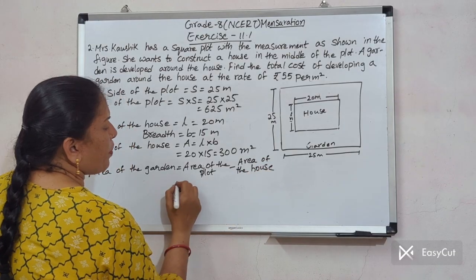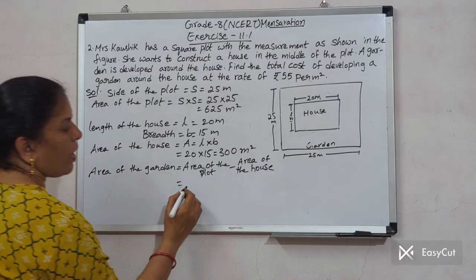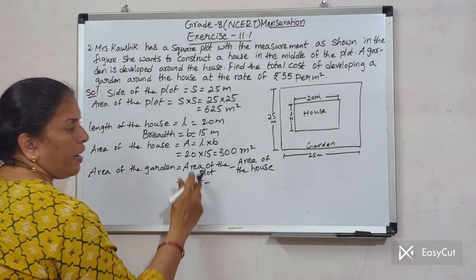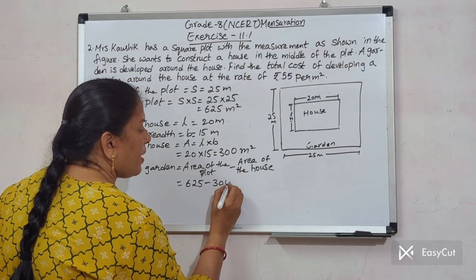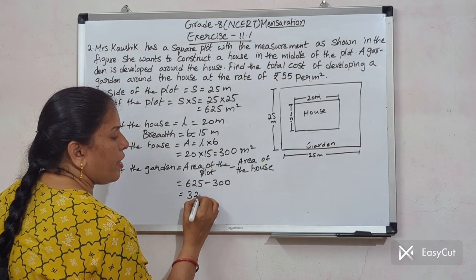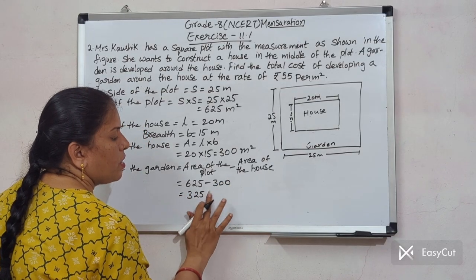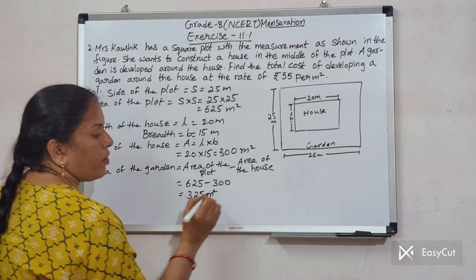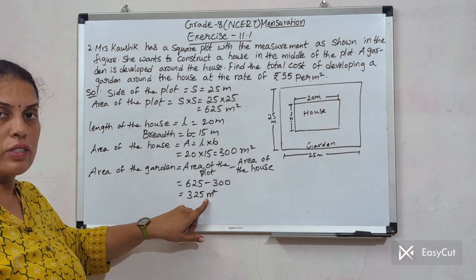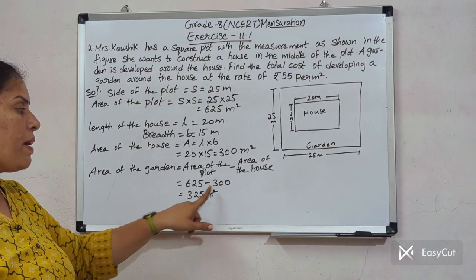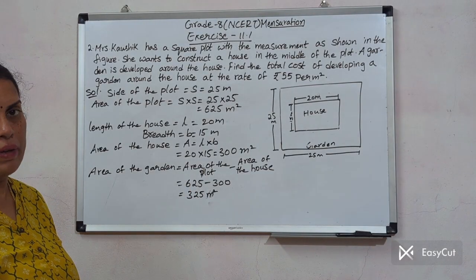What is the area of the plot? 625, minus area of the house, 300, is equal to 325 square meters. This is the area of the garden. Understood? 625 minus 300 is 325 square meters.